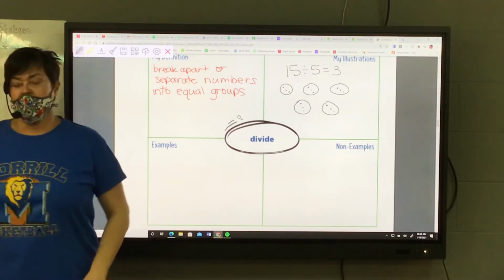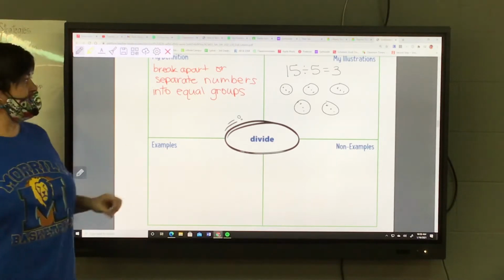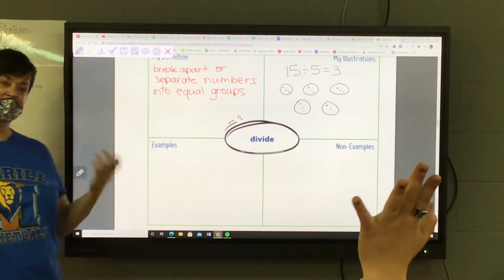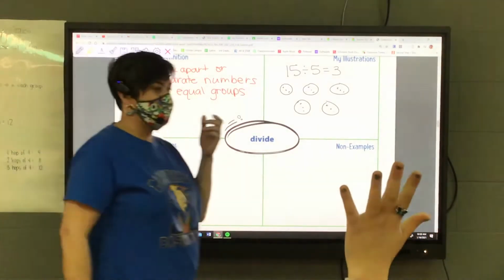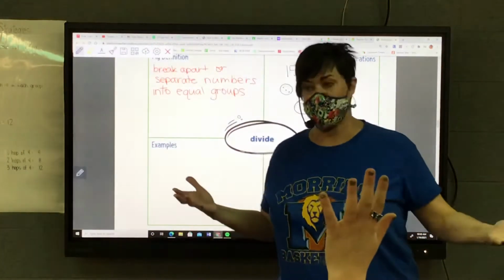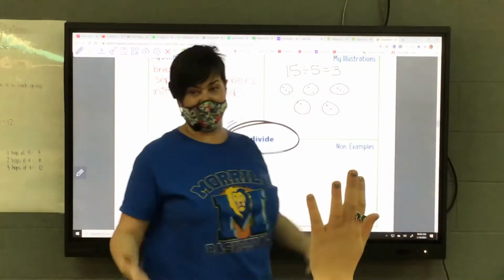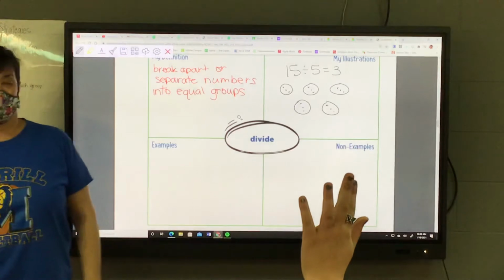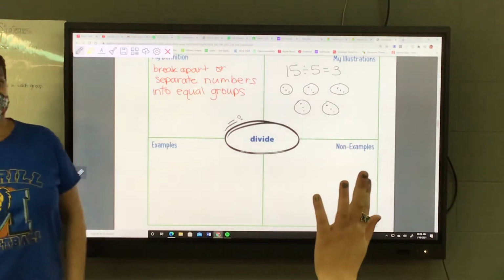Who can give us an example, not 15 divided by 5 equals 3, of a division sentence that would be correct? Jenny?